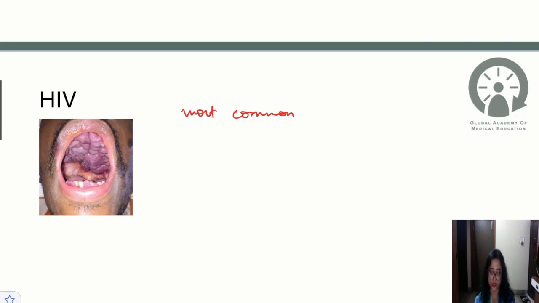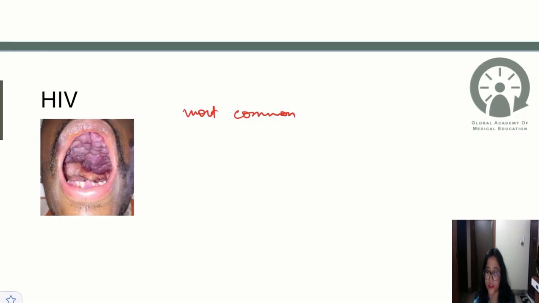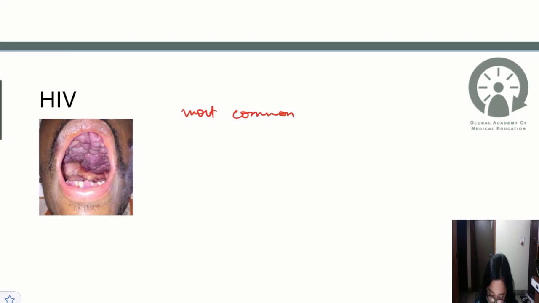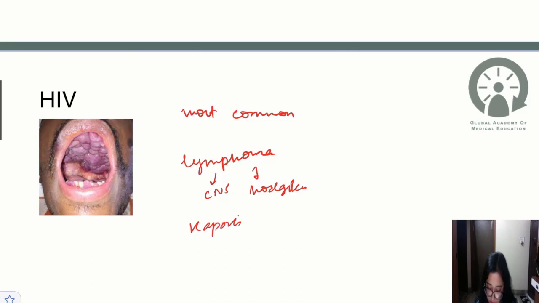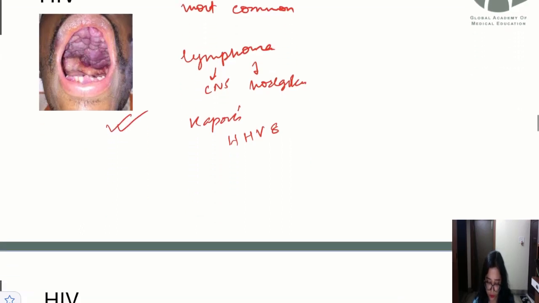I don't know the options, but the most common malignancies associated with HIV are lymphoma, both CNS and Hodgkin's, and then we have Kaposi's sarcoma, which is caused by human herpes virus 8. And this is the most likely diagnosis. So we move on to the next question.